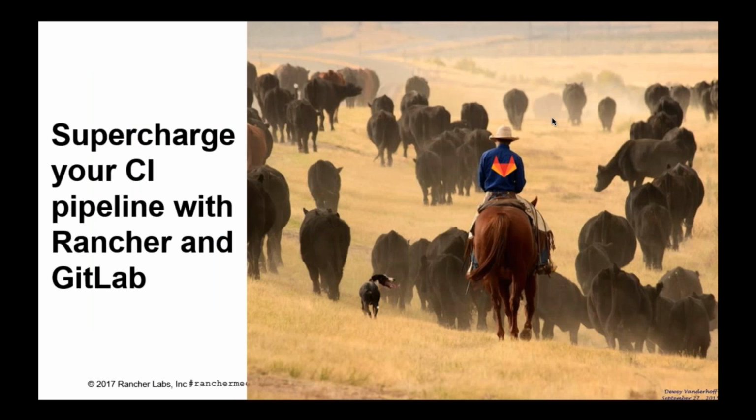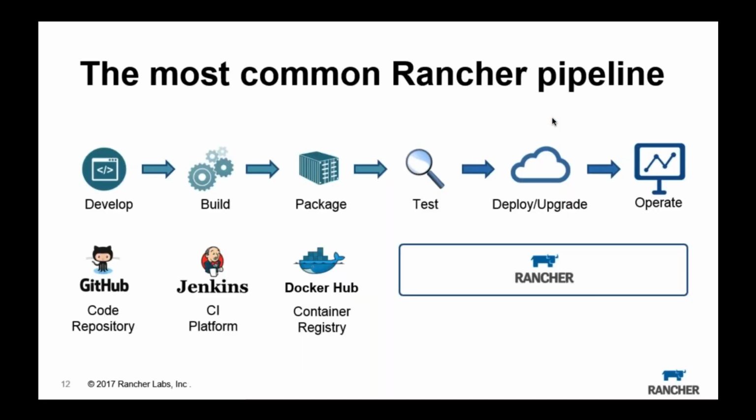So to get into the GitLab Rancher conversation, I thought it was interesting, as we were thinking about the need for this meetup, that a lot of what makes Rancher so compelling to our users is that it really solves a lot of problems. It's often replacing a number of things, from running and managing Docker itself, to deploying and managing the orchestration of choice, to managing all the infrastructure services and managing the actual VMs and the infrastructure you're deploying.